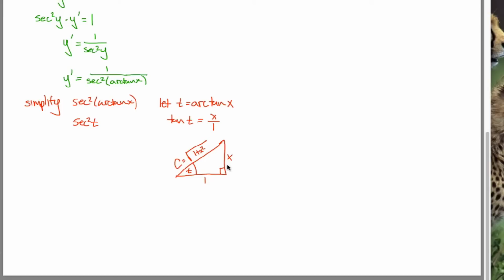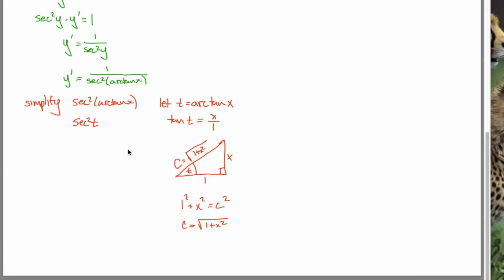It says that if you know two sides of a right triangle, you automatically can figure out the third side, because a squared plus b squared has got to be equal to c squared. So if I take the square root of both sides of the equation, I get that c is equal to the square root of 1 plus x squared, which is what I threw up here. Okay, so here's a picture of a triangle with an angle t in there.